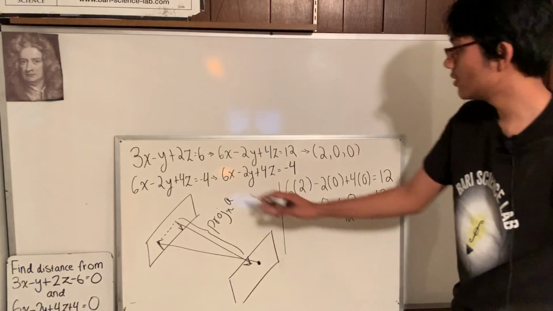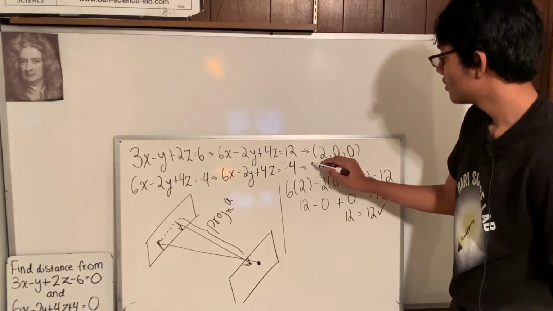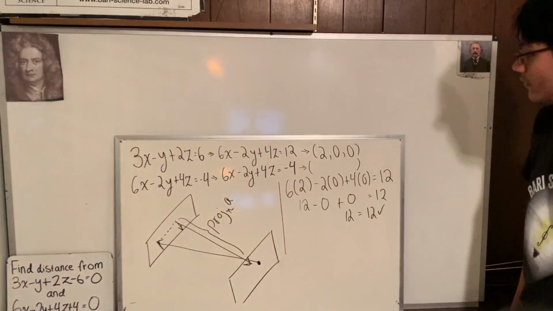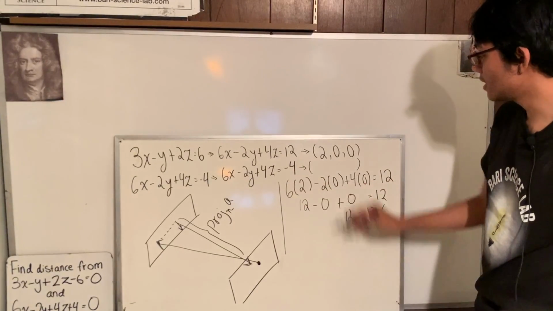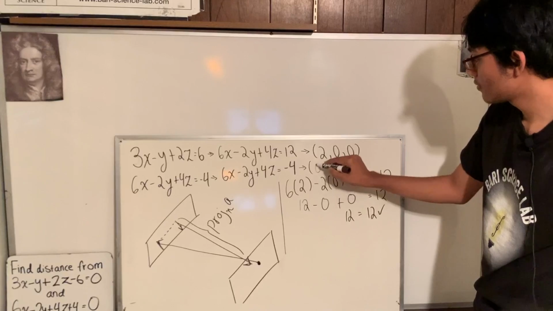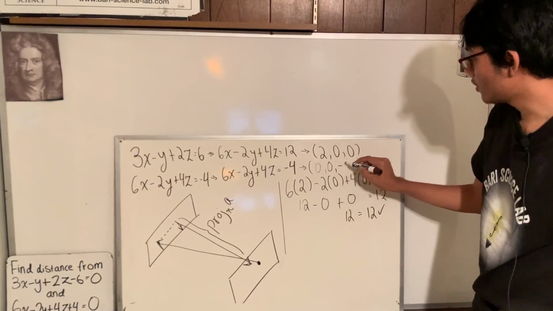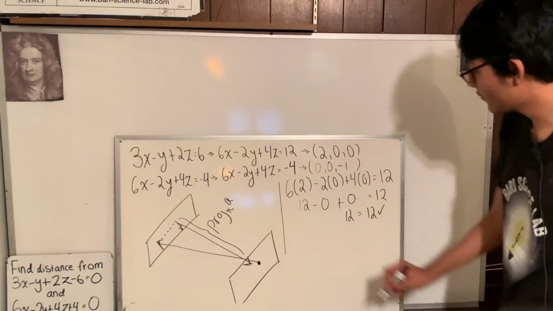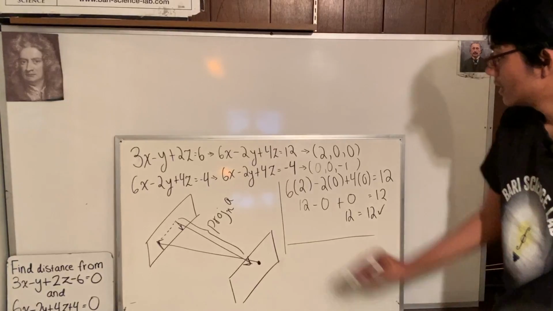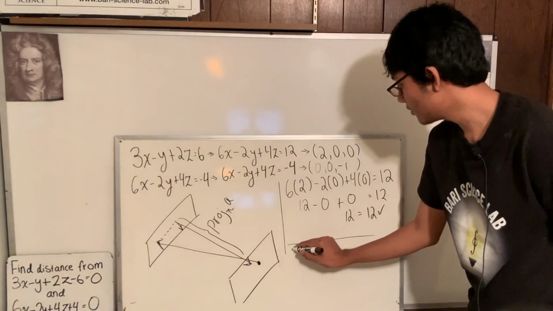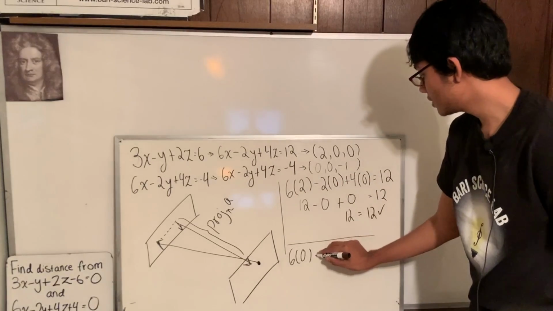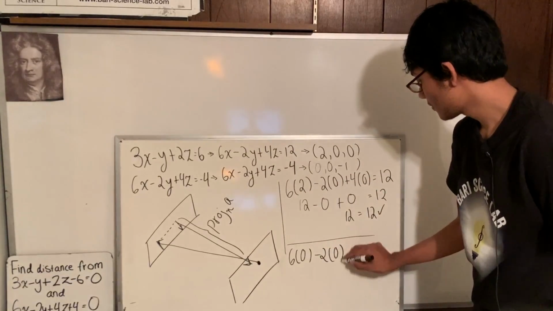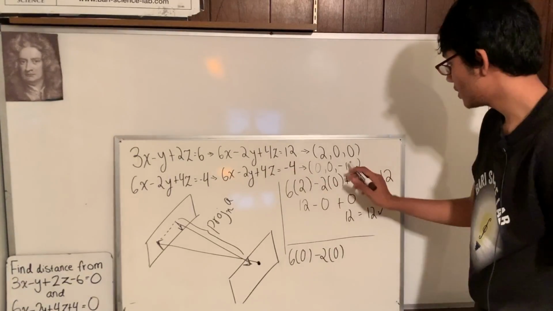How about the second equation? Well, once again, try a point that fits. I see that negative 1 fits for z. So 0, 0, negative 1 looks good to me. And of course, I can always check that, right? Instead of x, I can put 0, instead of y I can put 0, and instead of z I can put negative 1.